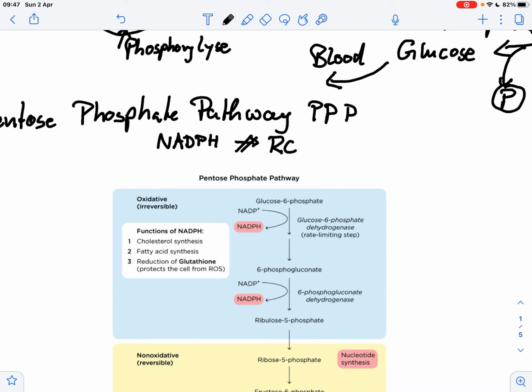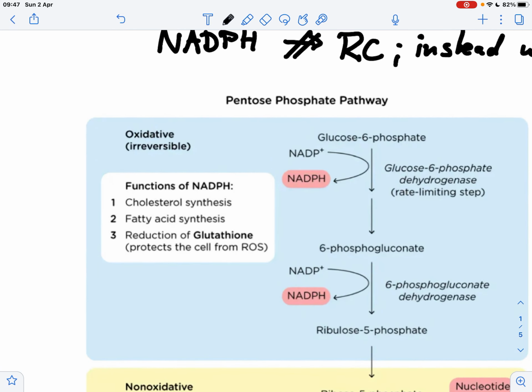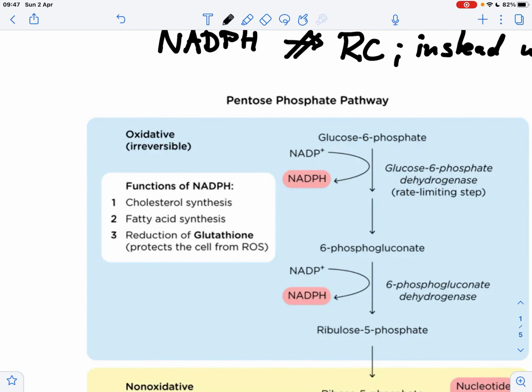It is not used as an energy source like NADH. Instead, it is used for building other molecules, and here is a list of the things that NADPH is used for.